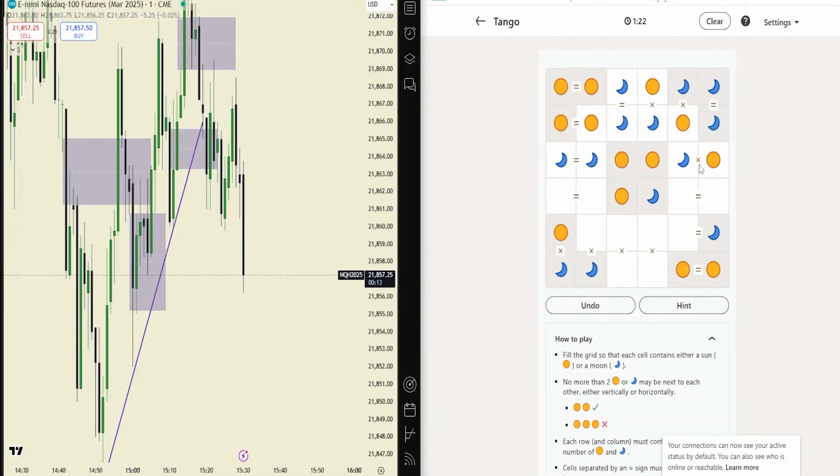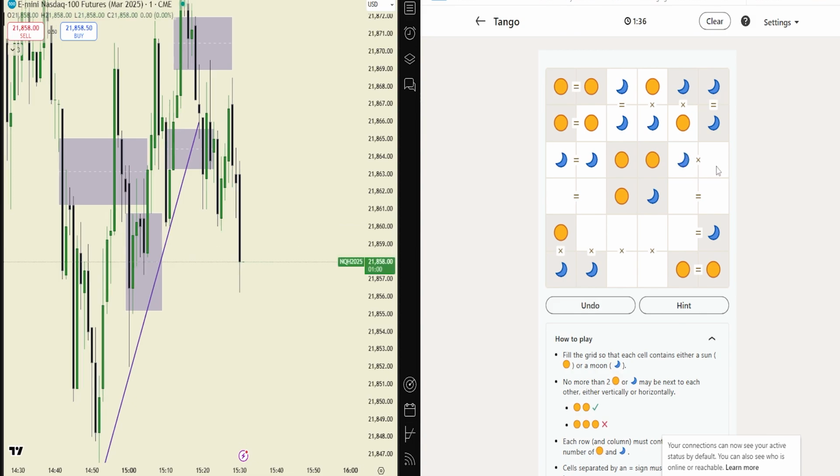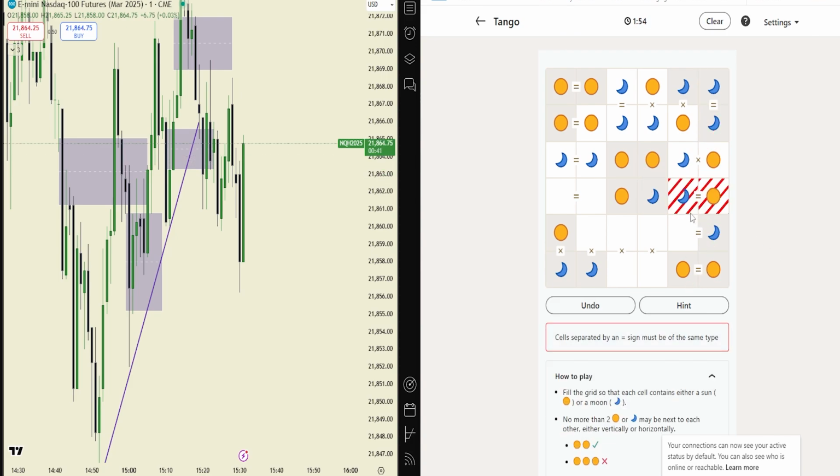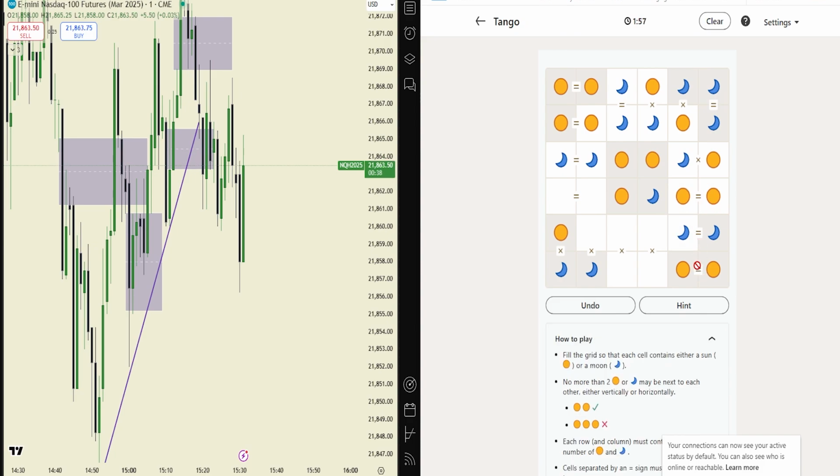I don't know. Somewhere this is wrong. Oh, no, I guess this is a sun. No, because that can't be 3 moons. That has to be a moon. There we go. Okay, now that makes sense. Oh, no, it doesn't. Bro, like... There we go. Yeah, I guess that's right.